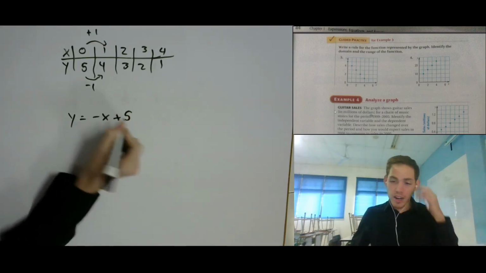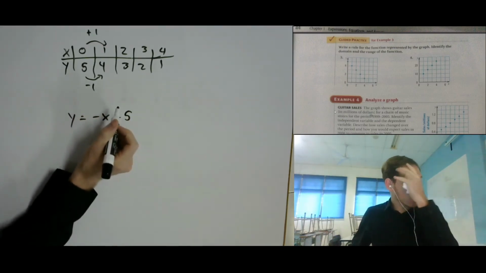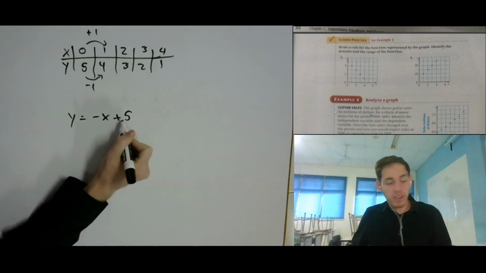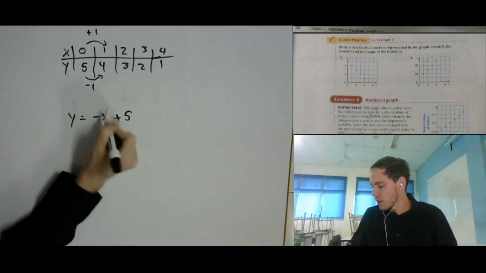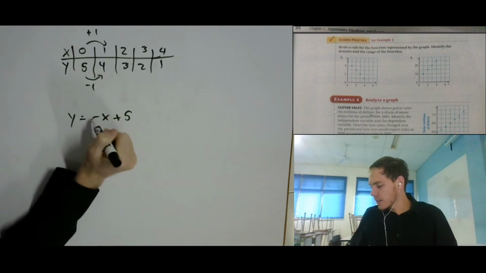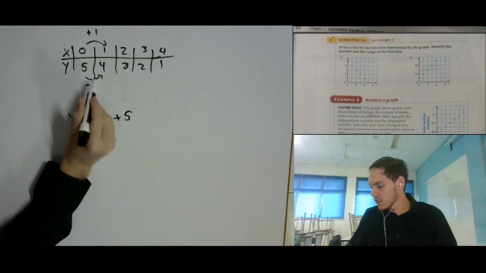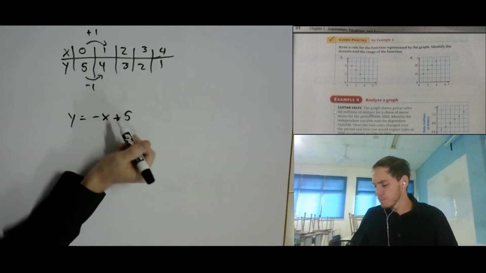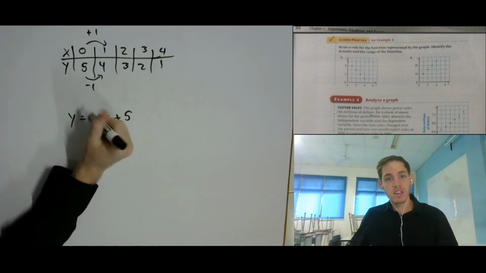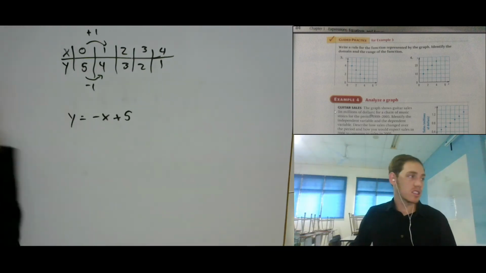So when our x is 0, we can actually kind of extrapolate that we started at 5. So let's try this. Okay, plug in a number for x. Plug in 1. 1, so -1 plus 5 is 4. That's correct. Plug in 2. -2 plus 5 is 3. Okay? So this worked. So that would be our rule. If it works, it's our rule.